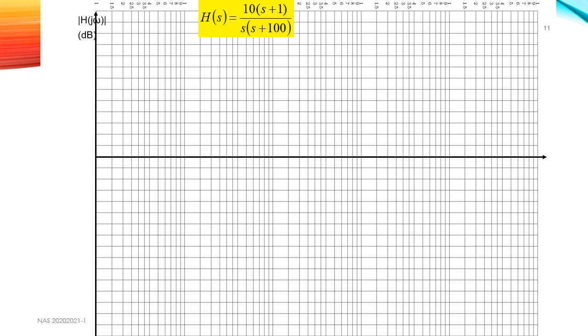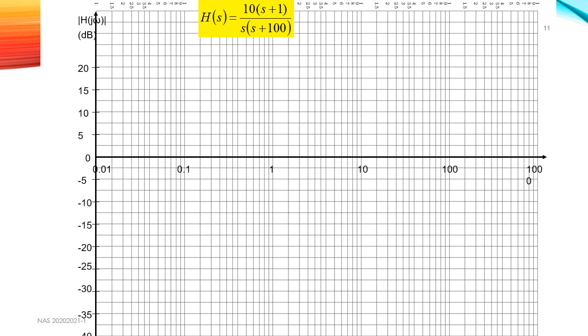This is basically the solution for example 3 using logarithmic paper, so you can compare with your sketching. Please complete the Bode plot sketch before you look at this drawing.